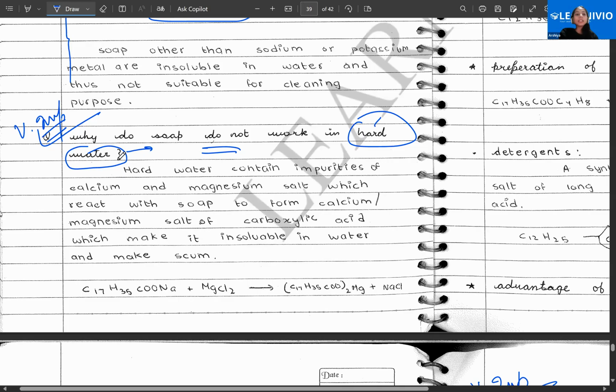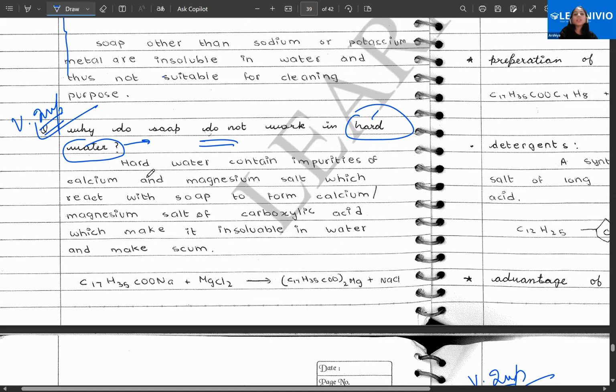Now, the first line says the same thing, because hard water contains impurities of calcium and magnesium salt. Like I said, hard water contains some metals. The soap does not work in hard water because the water already contains some metals, like calcium and magnesium, and the soap also has some metals in it.